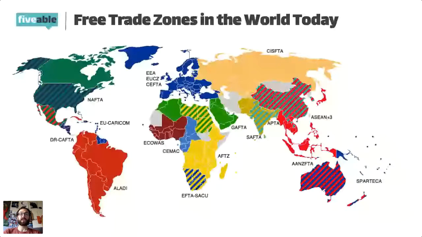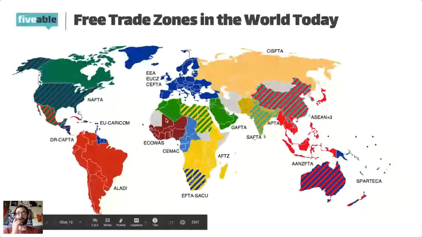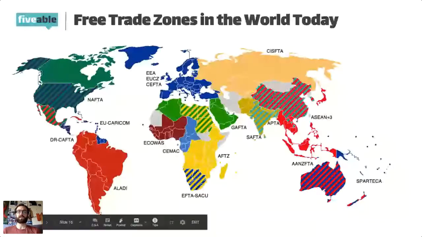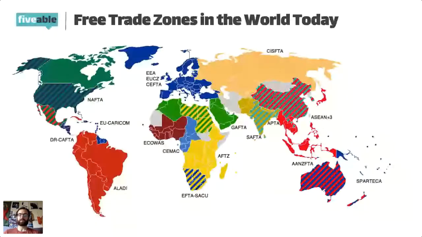Transnational corporations, yeah. I want to quickly show you this map of the world today. These are all of the existing free trade agreements in the world today, and where the colors are shaded, they overlap with other free trade agreements. If you take a look at this map of all the major free trade agreements, what do you notice about all of them? What sticks out?